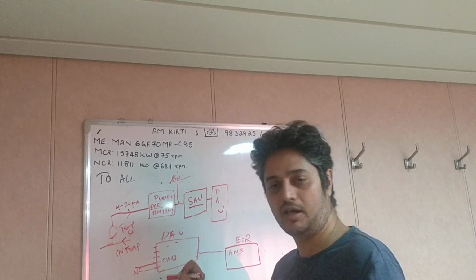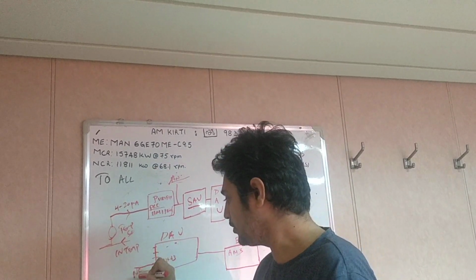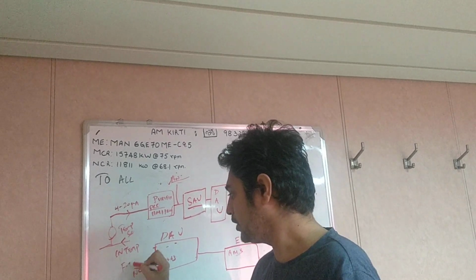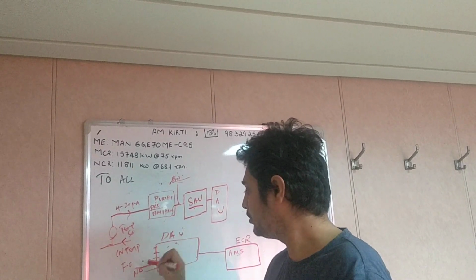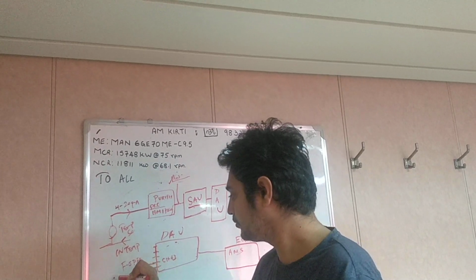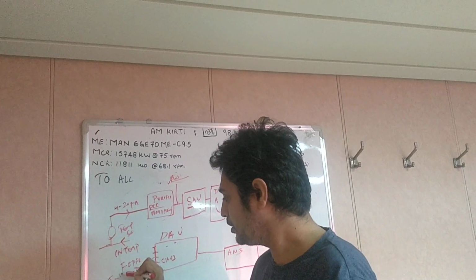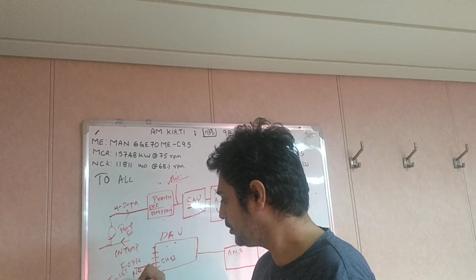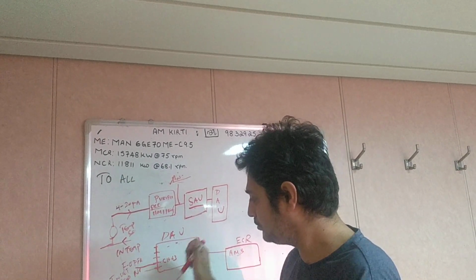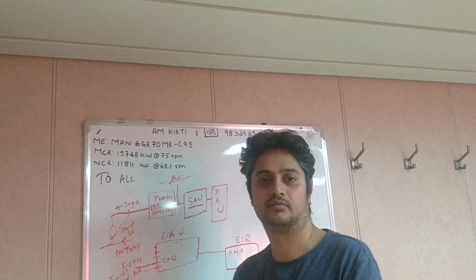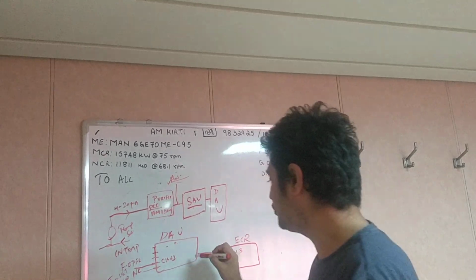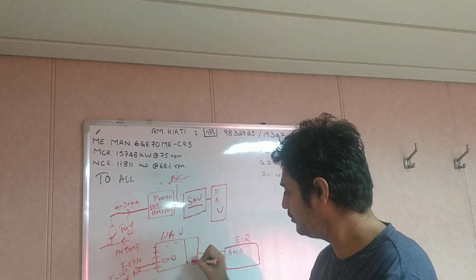It will be in your manual, written like this, NC or NO. Assume NO for FO inlet temperature, FO purifier panel. So when it triggers, this becomes NC. That's all that is happening.